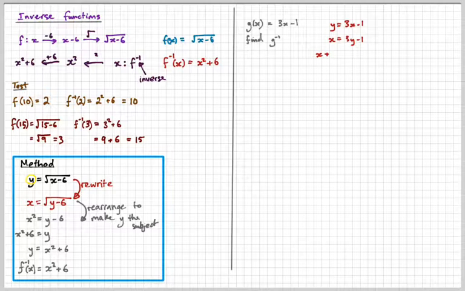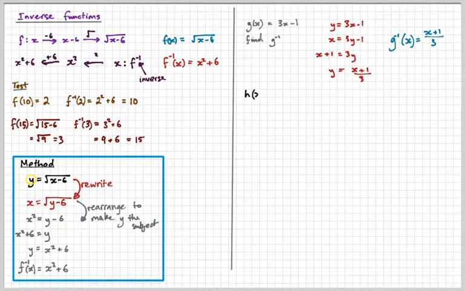Maybe you could pause here and work out what the rearranged equation would be. So you'd add 1 to both sides, and then you divide by 3. This then is the inverse function. g inverse of x is x plus 1 over 3.